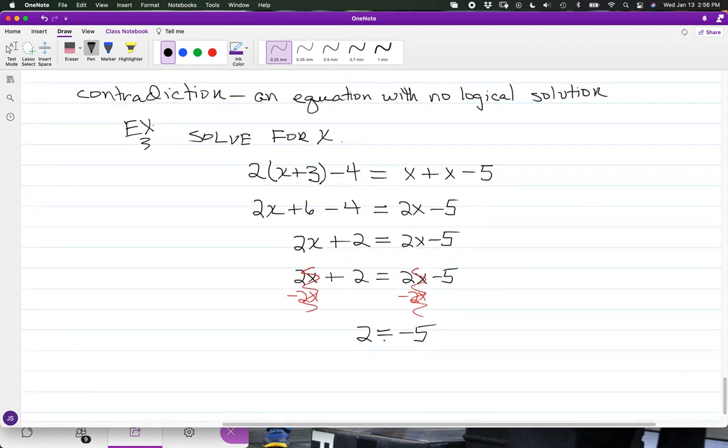Okay, so there's nothing in x that we can do to rectify the situation. We did the correct algebra, and the variable terms wound up canceling each other out, and left standing are numbers said to be equal to each other when in fact they are not.